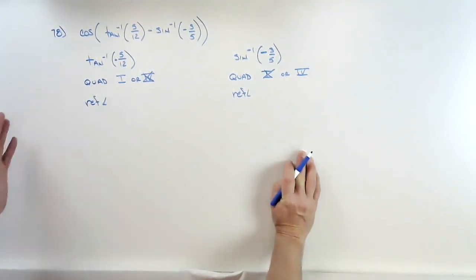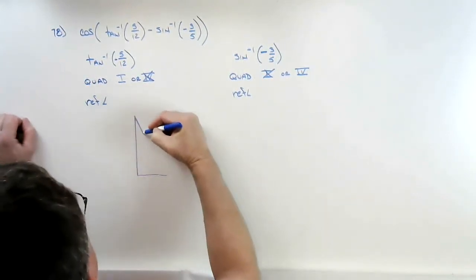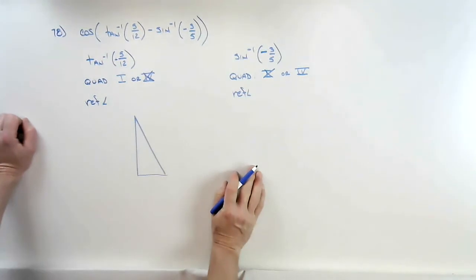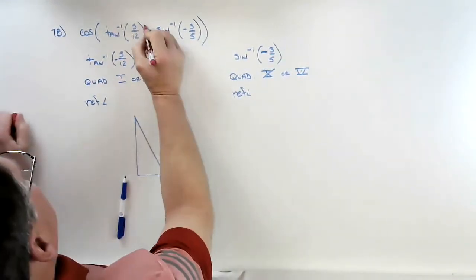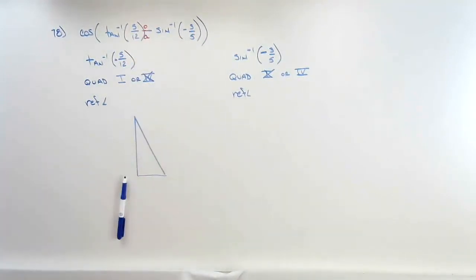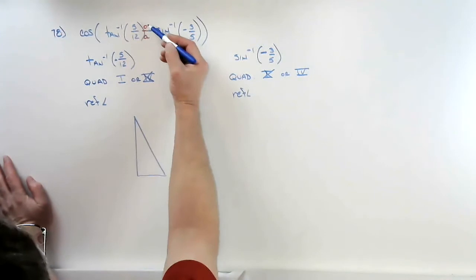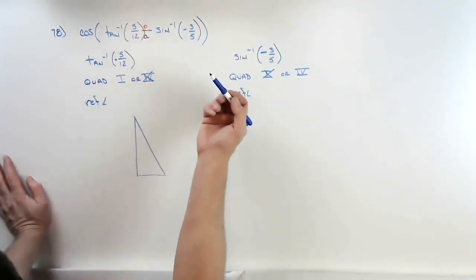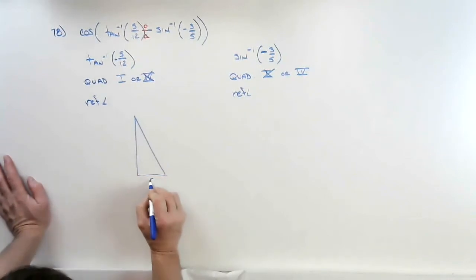To get our reference angle, we're going to draw a right triangle. We know tangent is opposite divided by adjacent. So these are both legs of my triangle, right? Opposite and adjacent, those are legs. There's no hypotenuse there. So one leg is 5, I'll make that the short one.